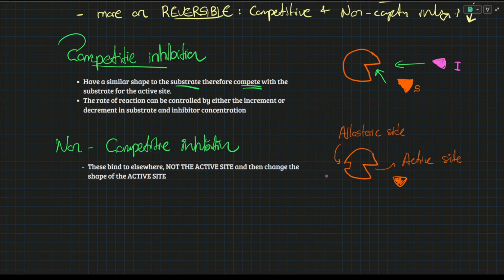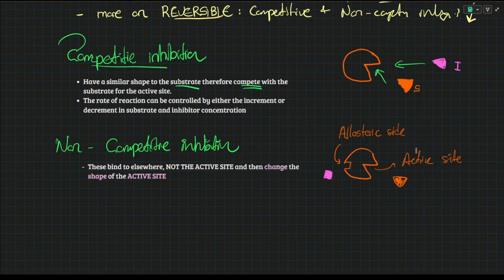Now, in this case, the inhibitor looks something like this. The inhibitor can go and bind to the allosteric site of the enzyme, and then it's going to change the shape of the active site.